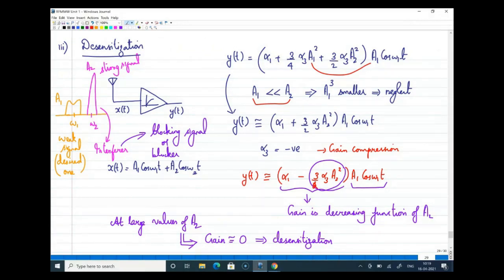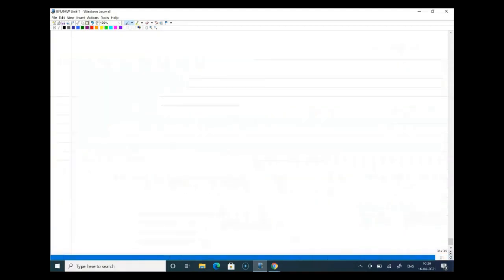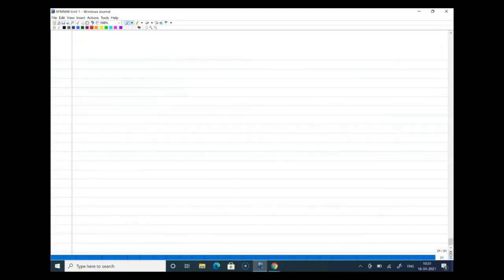In such a case your interferer is otherwise called a blocking signal or a blocker. In the same line, let us consider a numerical and try to understand a little more about this desensitization.